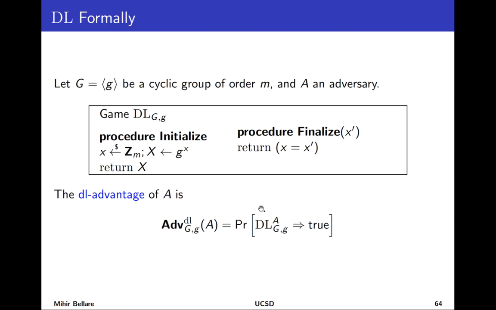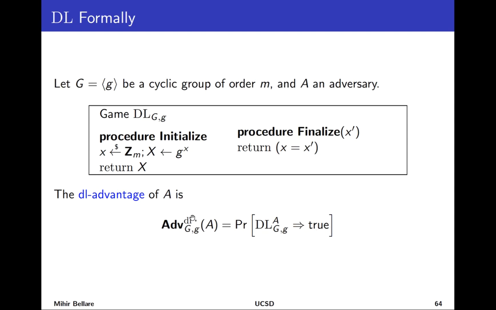Naturally, as usual, when an adversary plays this game, there's some probability that it wins. And here we write this to mean the game discrete log with group G and generator g is executed with adversary A and results in finalize returning true. And this is the probability of that event. That's called the advantage of the adversary.